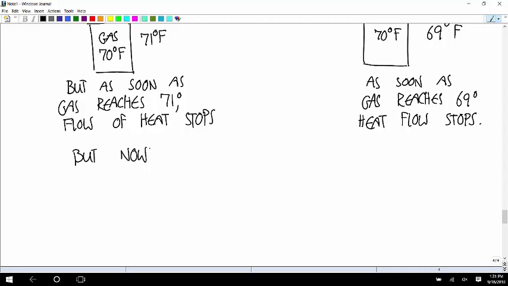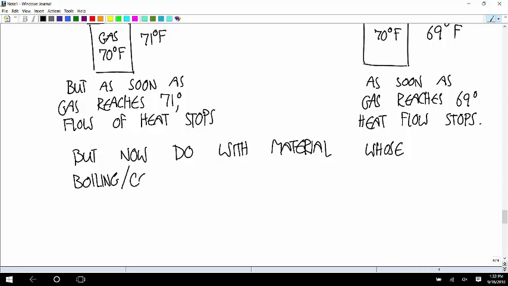But now, let's say that, so let's do it with a material whose boiling or condensing temperature is 70 degrees.